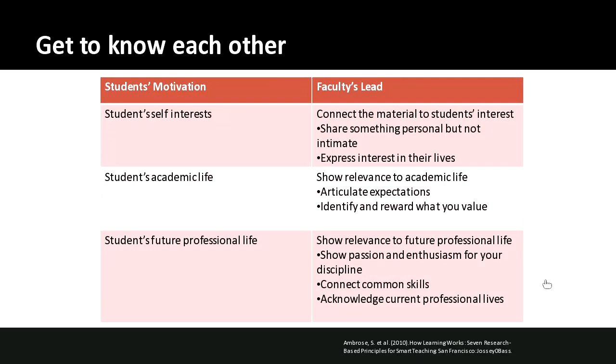Anything that might kind of go across the spectrum. Try to connect what they're doing in the course to some common skills that might be valuable in their professional life. And then, of course, acknowledge their professional life. So if they are juggling homework, school, kind of let them know that you understand some of these priorities.